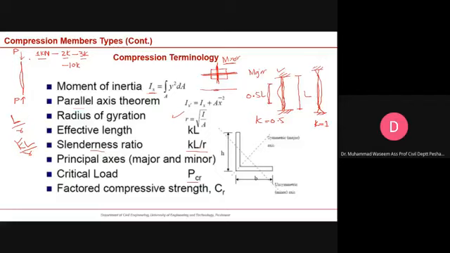That P load is called the critical load. Critical load is that load which causes buckling, or beyond which there will be buckling in the member, or the member fails by stability, not by yielding in compression. This is the difference of what we call a critical load.